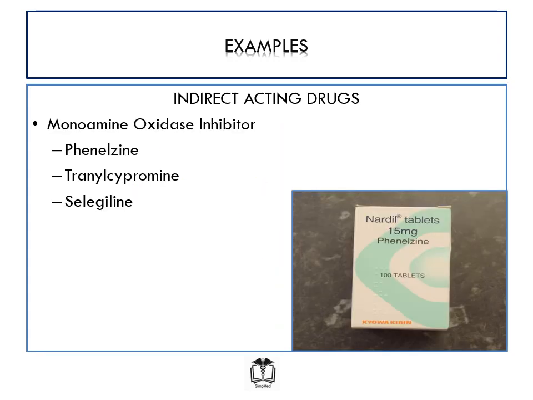Another example of an indirect acting drug would be the monoamine oxidase inhibitors. Examples of drugs under this group include phenelzine, tranylcypromine, and selegiline. If you look closely, you will see a picture of phenelzine down on the screen.